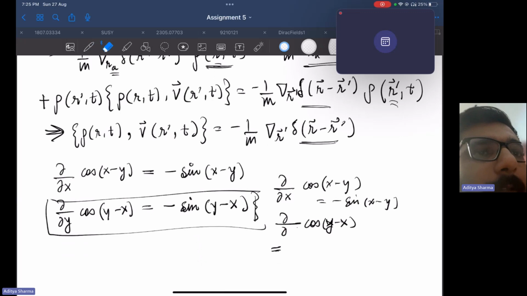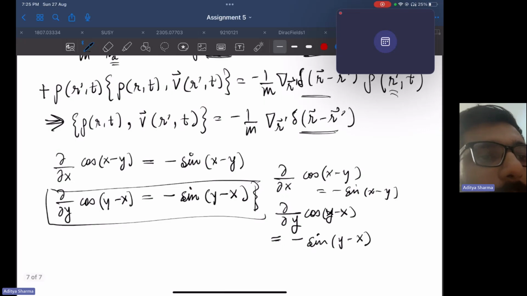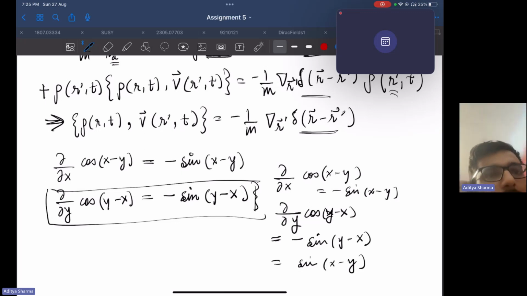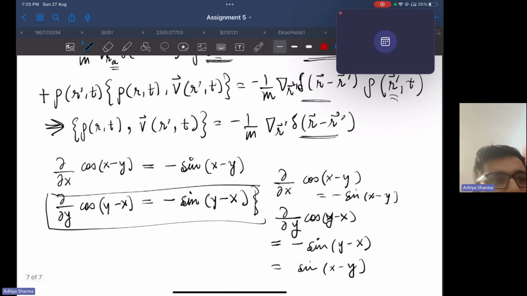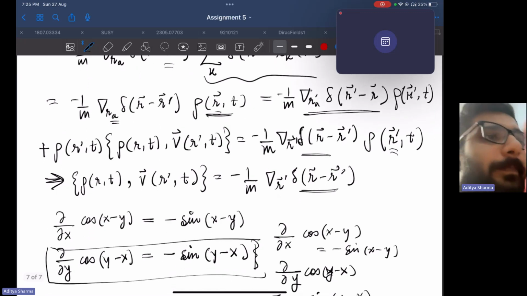Then I will have something like this. This is what it is: y minus x is sine of x minus y, and we will have a sign difference. So that's not a problem.